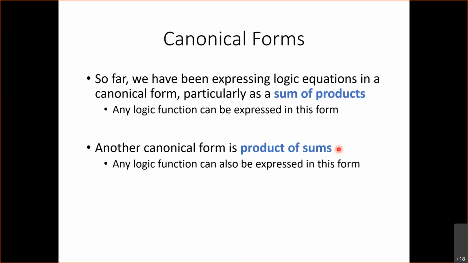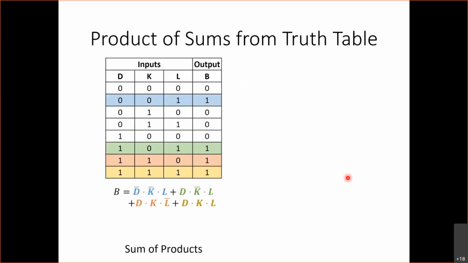And just like any logic function can be expressed as a sum of products, it is also the case that any logic function can be expressed as a product of sums. We've been using sum of products because it's more intuitive for people to reason about. But I'm going to introduce product of sums now, and sometimes product of sums might be more efficient, and sometimes sum of products might be a more efficient way to implement a logic block. So let's take a look at product of sums.